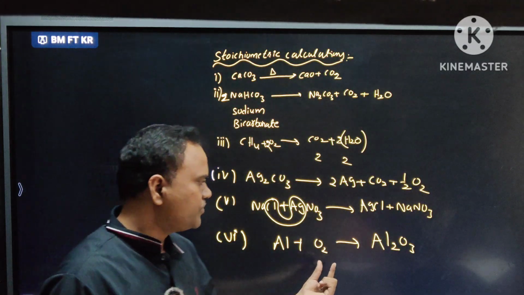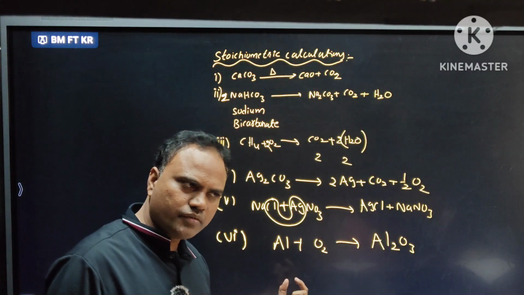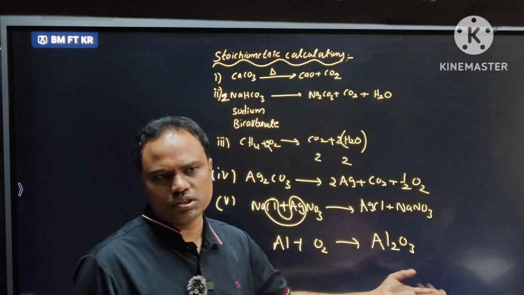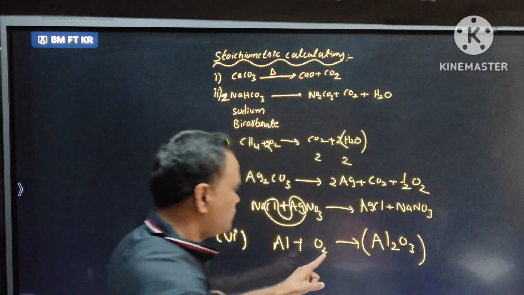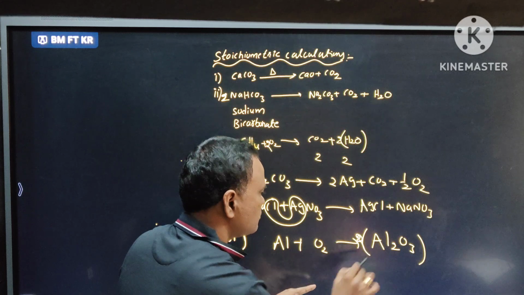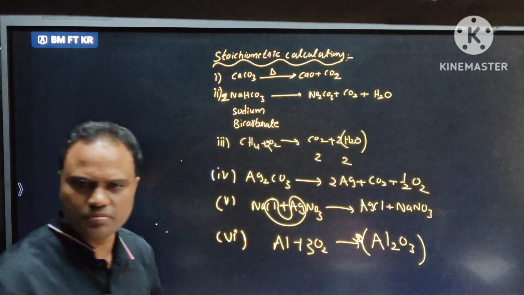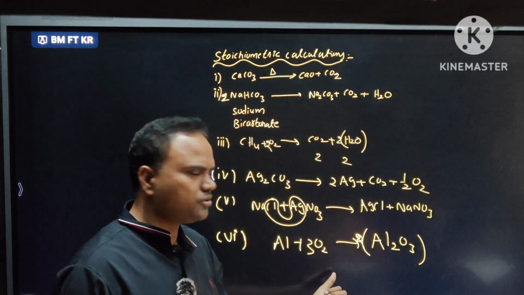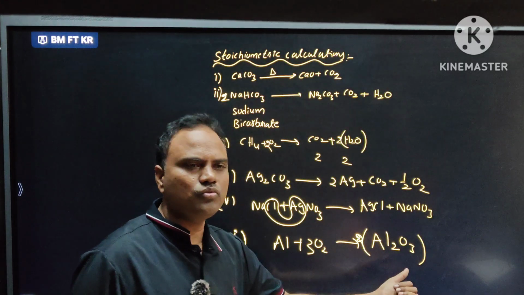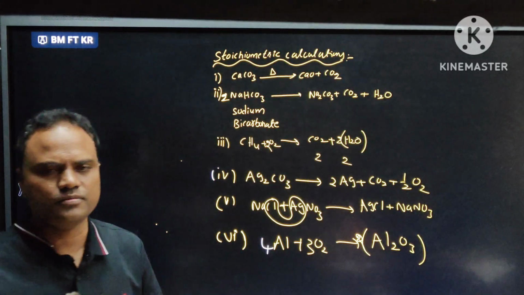When one side is even and the other odd, in that case do cross multiplication. 2 into 3 is 6, 3 into 2 is 6, over. Next, 2 into 2 is 4, so here 4 aluminium.